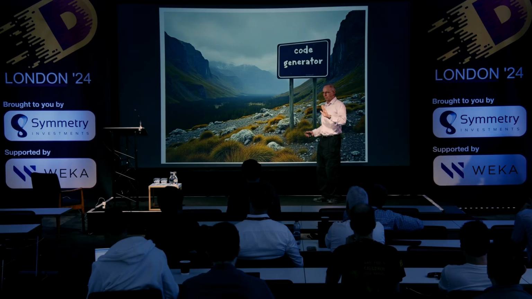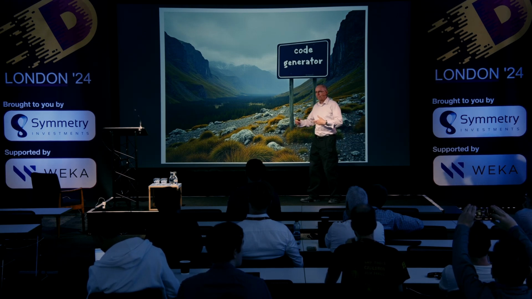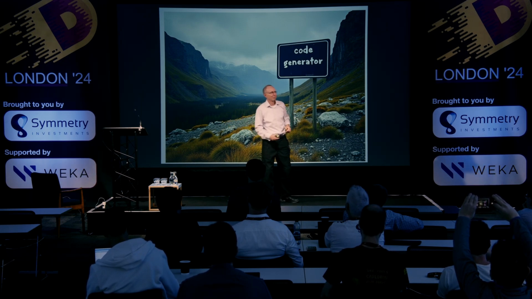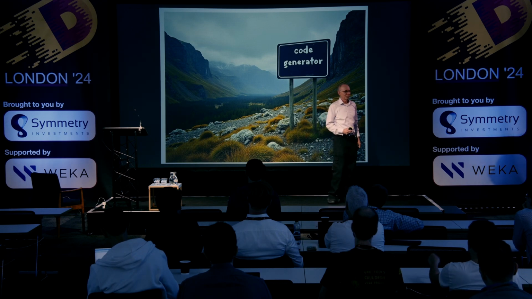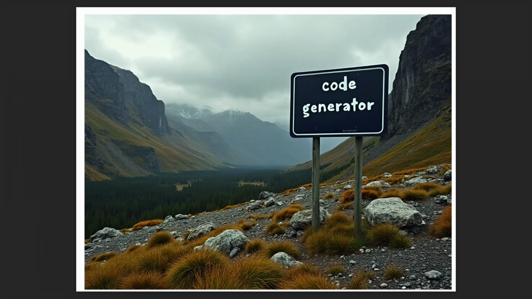Okay, now when you see this slide, you have to imagine the wind whistling through the canyon and the hawk cry, which you will see on every single wilderness picture. You'll notice there are no roads in the code generator.